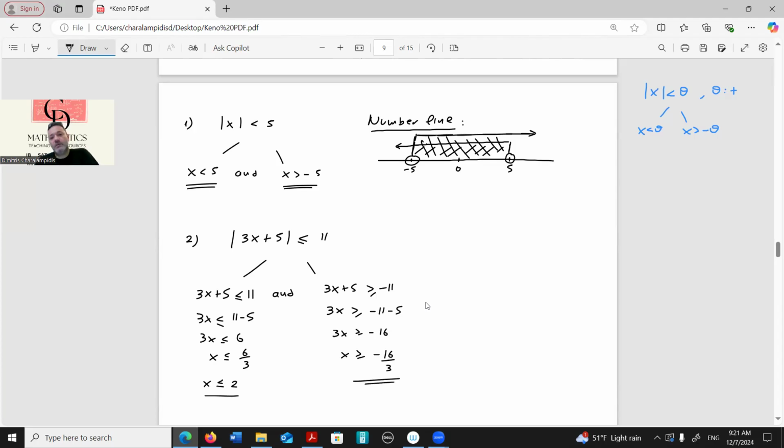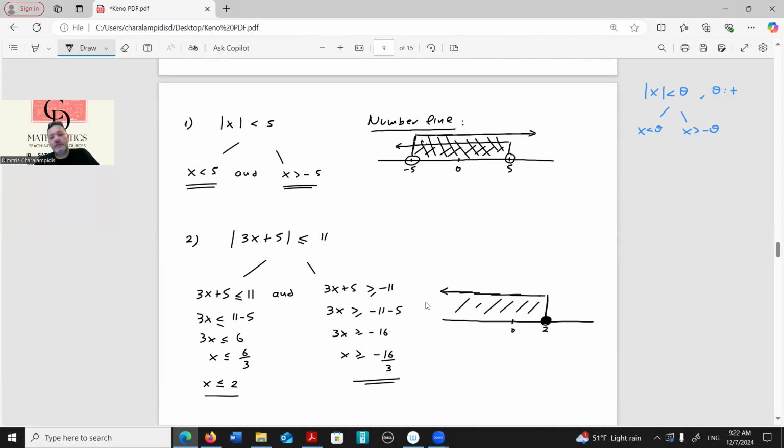Let's put these on a number line. 0 somewhere in the middle. Smaller or equal than 2, if we assume that here is 2, since it's equal, this means that it's included as well, so it's a shaded circle. It's from 2 to the left.